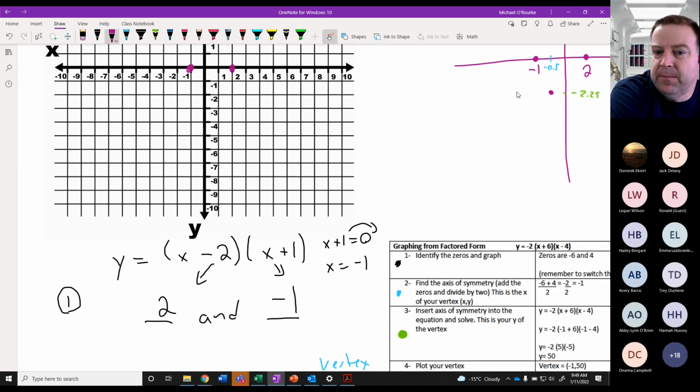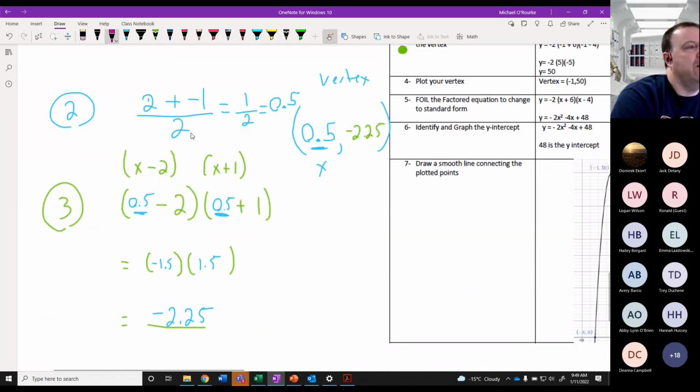Yeah, I'll go back down. So what I did there, Emma, was I put in the 0.5 into the equation. And then I did 0.5 minus 2 is negative 1.5, and 1.5, like this.